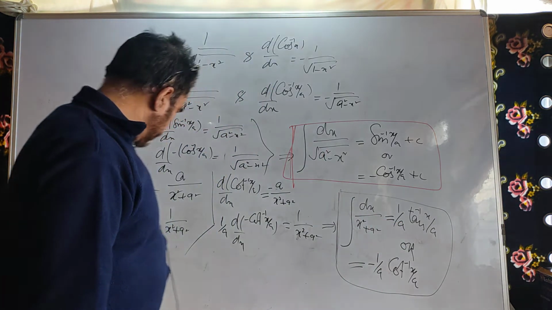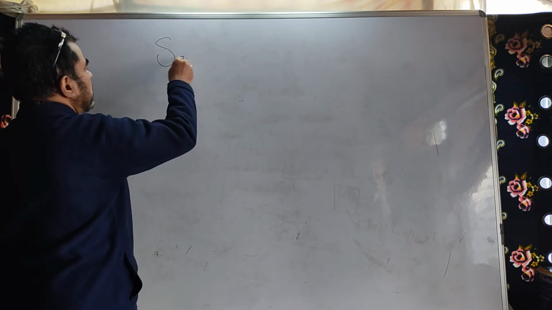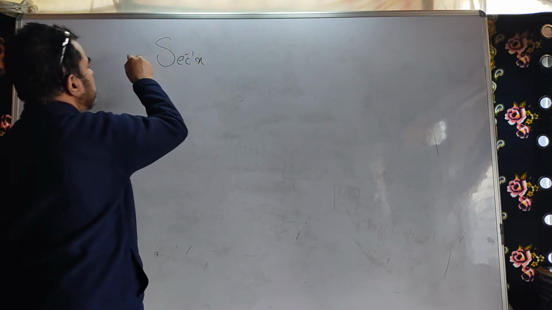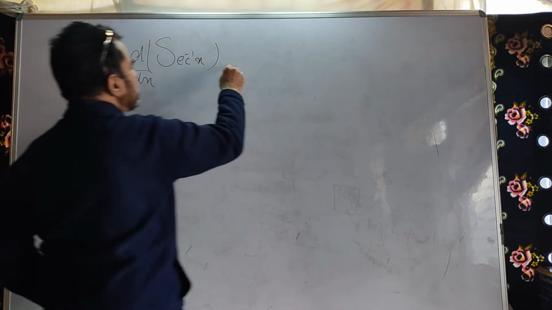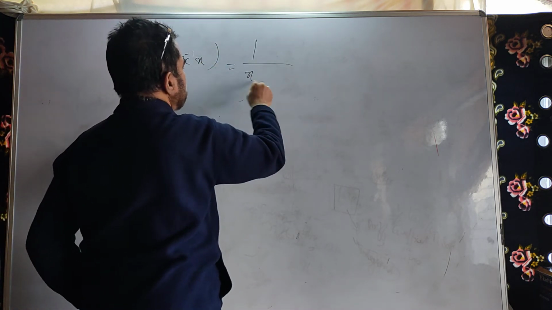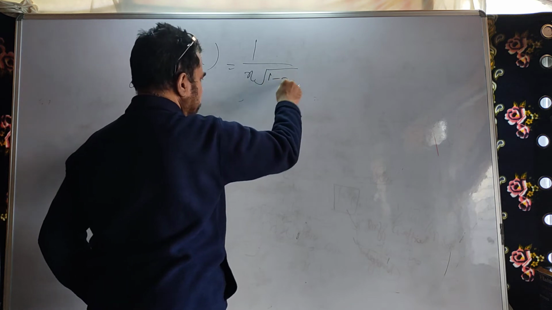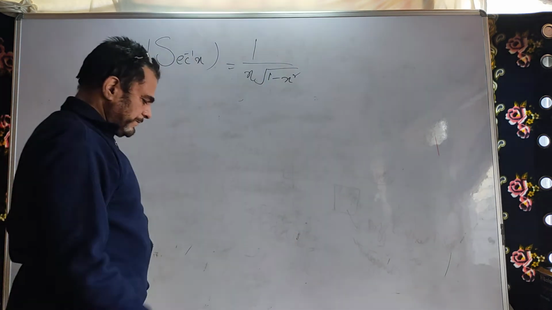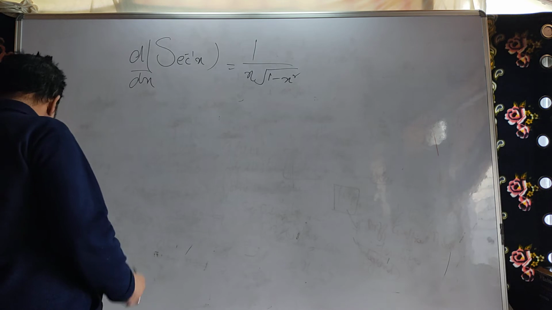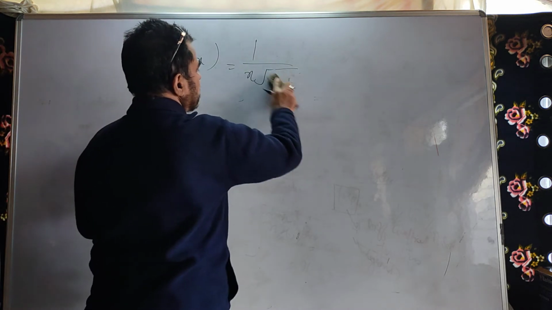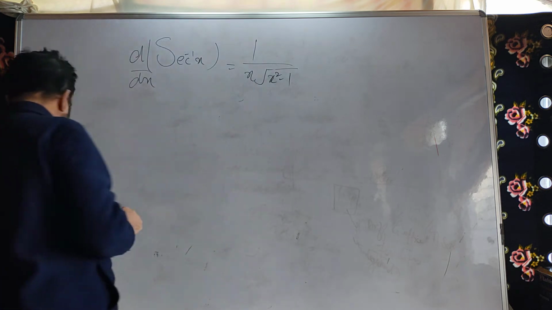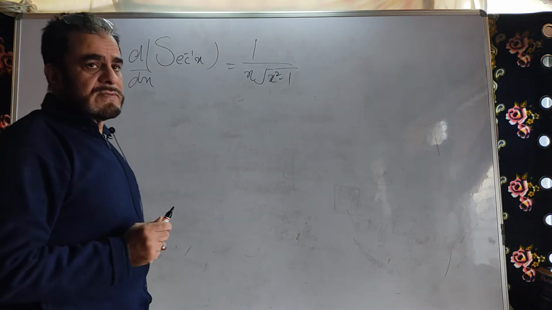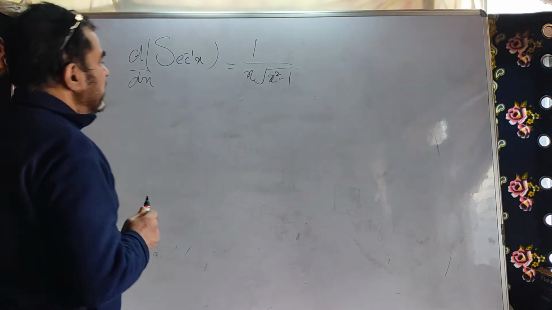This is now one more fundamental. The derivative of sec inverse x with respect to x, you know, is 1 by x under root of x square minus 1.